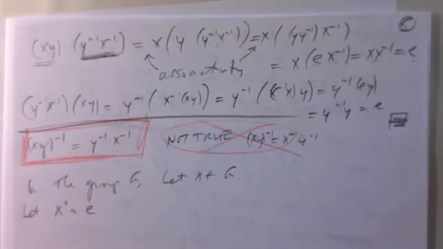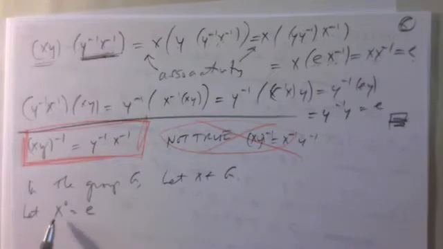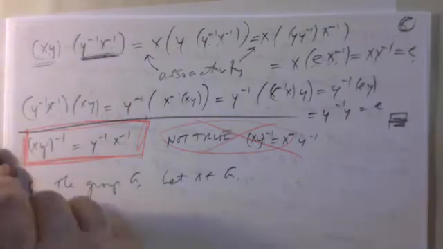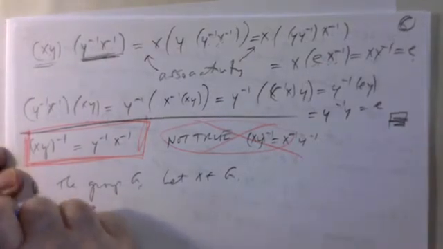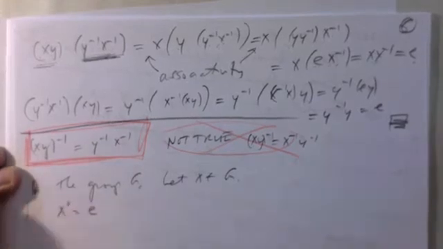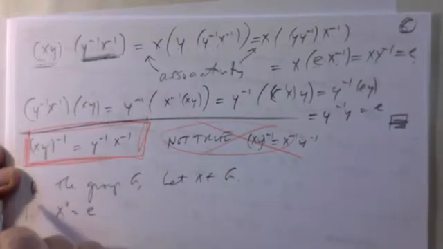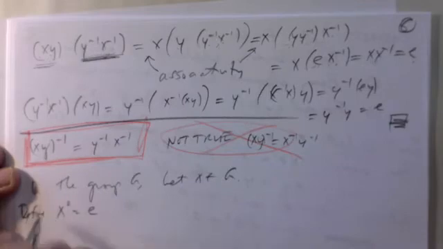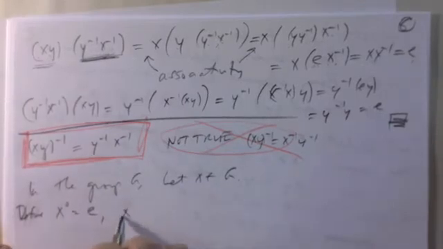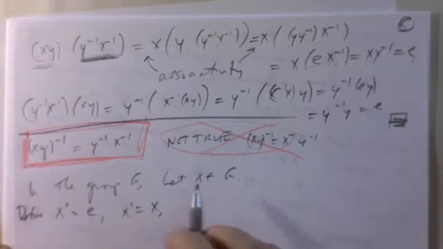This is just like with ordinary numbers: 2 to the power 0 is 1, and 1 is the identity for multiplication. So in the reals, in general, we define X to the 0 equals 1.